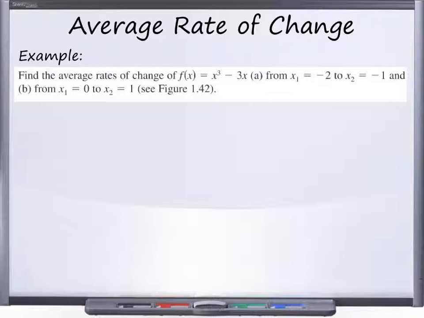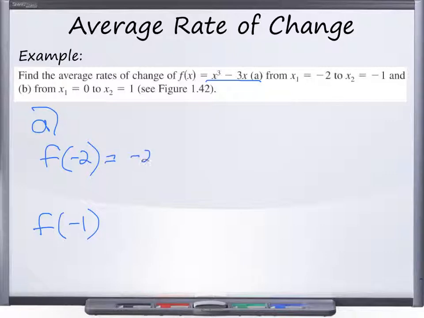Find the average rate of change for this particular function, x cubed minus 3x. All we're going to do is plug in these values. So for a, we need f of negative 2, and we're going to need f of negative 1. F of negative 2 is negative 2 cubed minus 3 times negative 2.